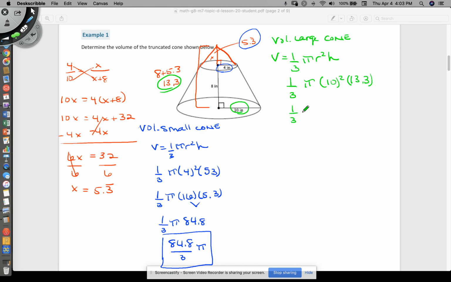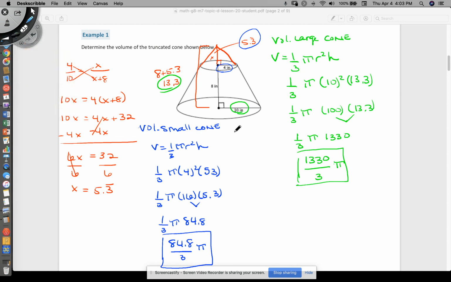This gives me 1/3 pi times 100 times 13.3. I'm going to combine those two, and I get 1/3 pi times 1,330. So 1,330 over 3 pi. All right, so here are my two volumes for the small cone and the large cone.